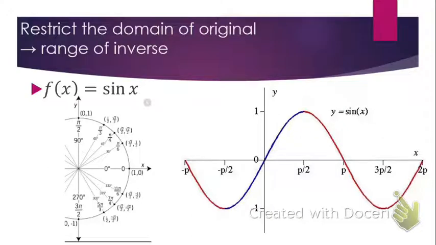So if you look at this graph here, the piece of the graph that we're looking at is between negative pi over 2 and positive pi over 2. Okay? So on your unit circle, that is quadrants 1 and 4.